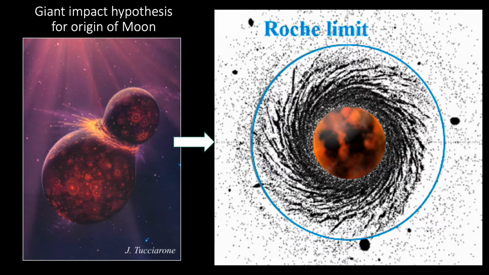Upon that impact, a debris disk forms around the Earth, and it quickly coalesces to form the Moon outside the Roche limit. Below the Roche limit, which is at 2.9 Earth radii, that material falls back on the Earth. But beyond the Roche limit, material can be accreted into this new object that we call the Moon.